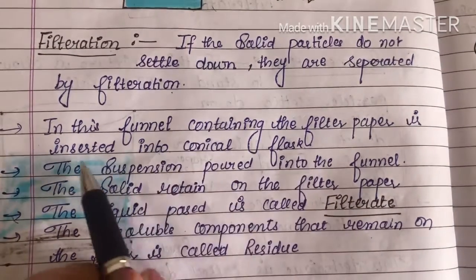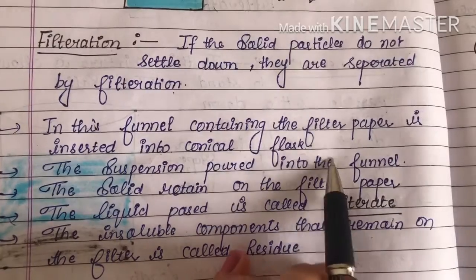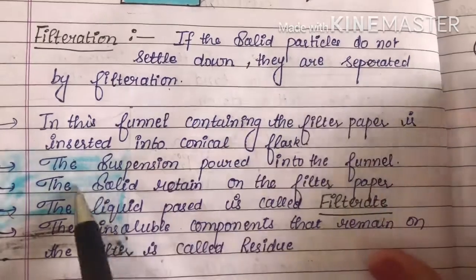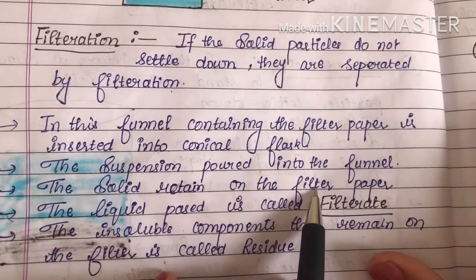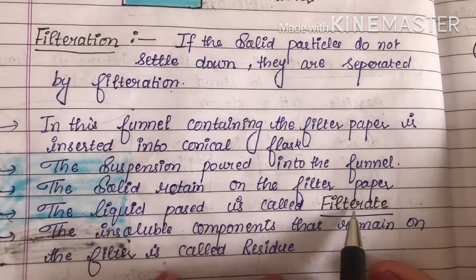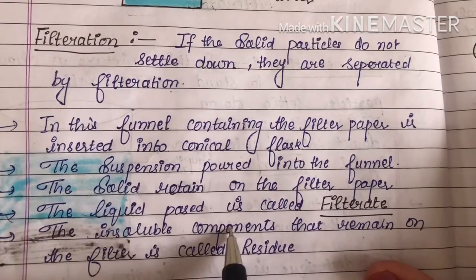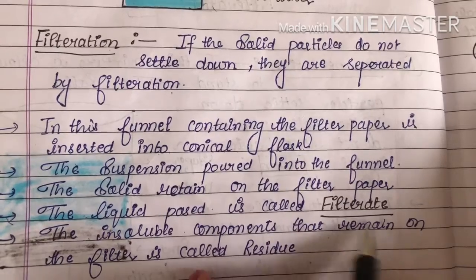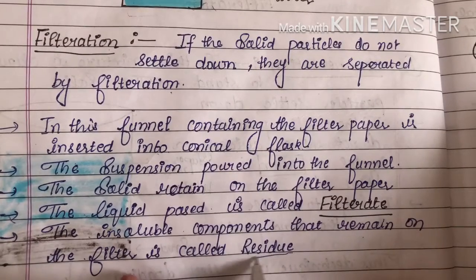Second, the suspension is poured into the funnel. The solid is retained on the filter paper, and the liquid that passes through is called the filtrate. The insoluble components that remain on the filter paper are called the residue.